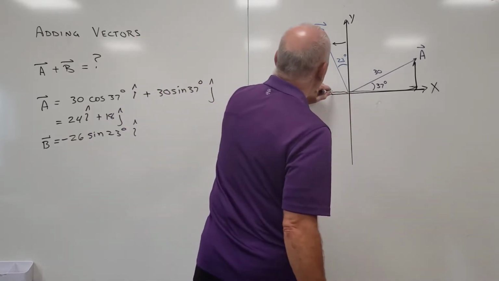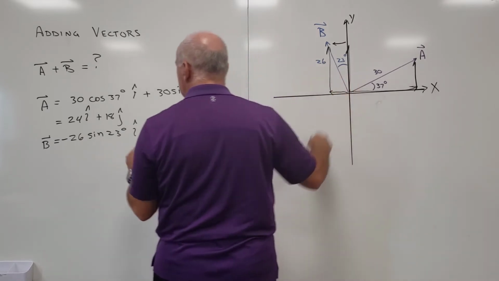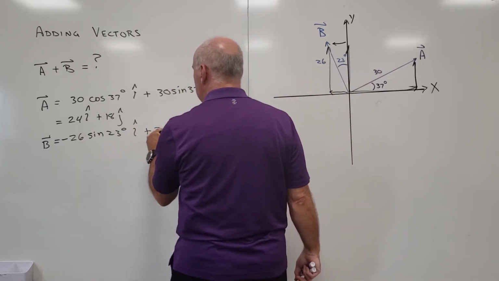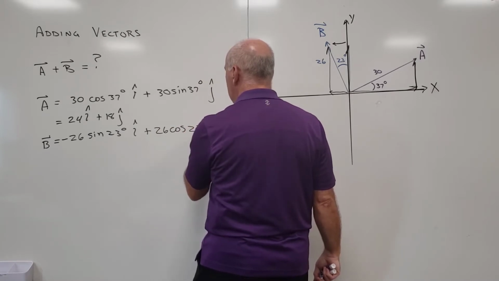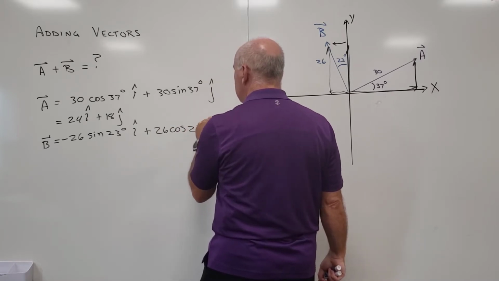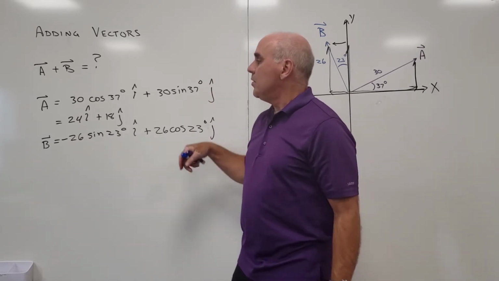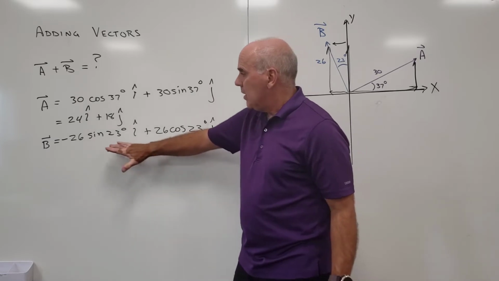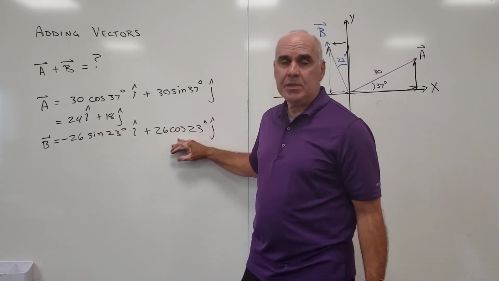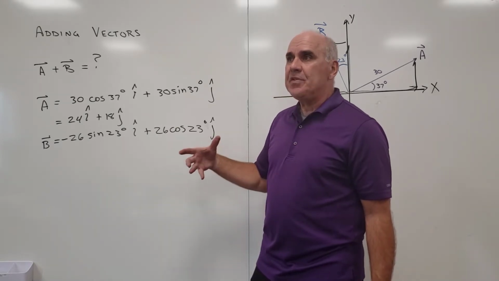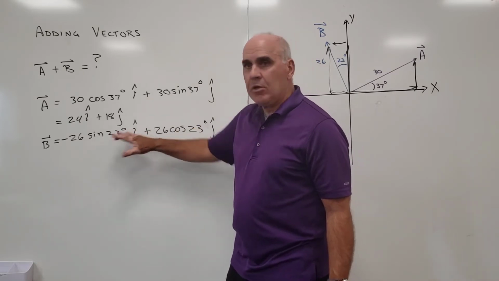And then this side, that's adjacent to the 23 degrees, so plus 26 cosine 23 degrees j hat. That's just looking at the triangle that I've written out. So what I'm trying to get across to you is that this isn't always cosine in the x direction, this isn't always sine in the y direction. The standard designation is that way, yes, but that's not always the way it's given.